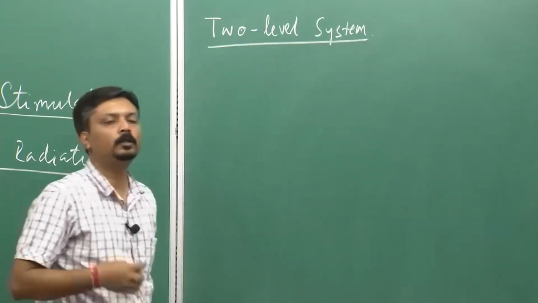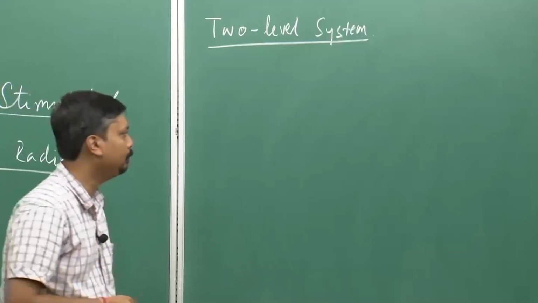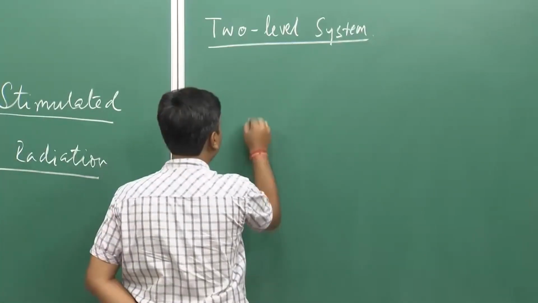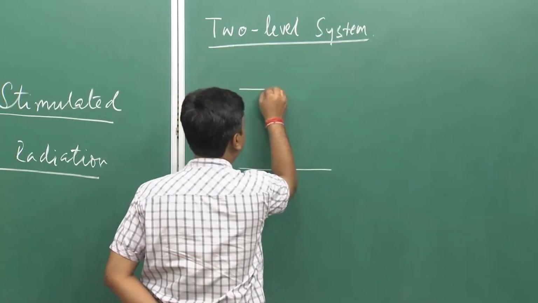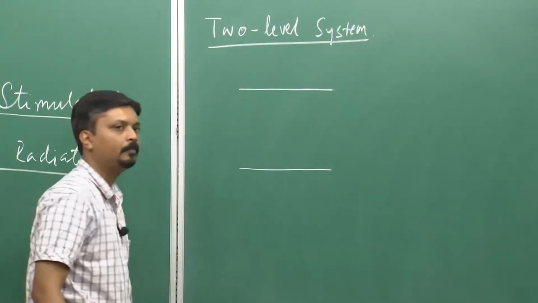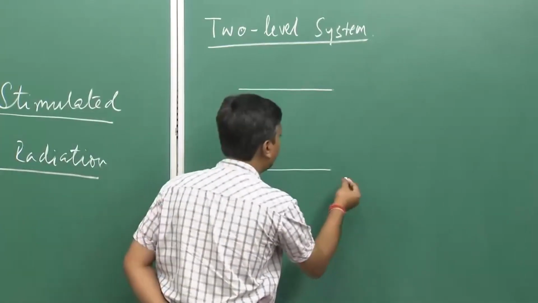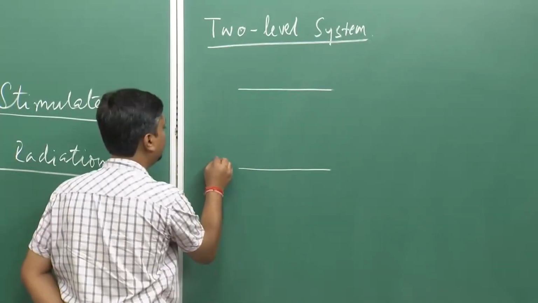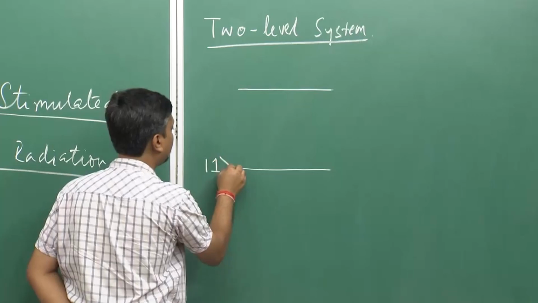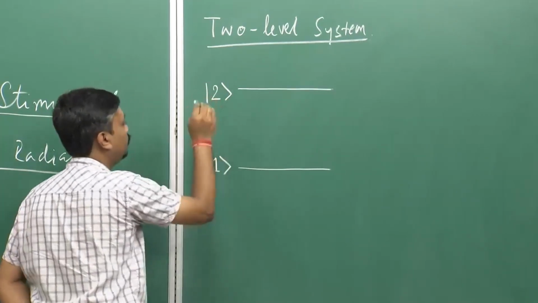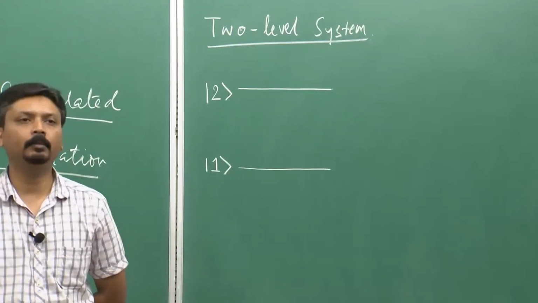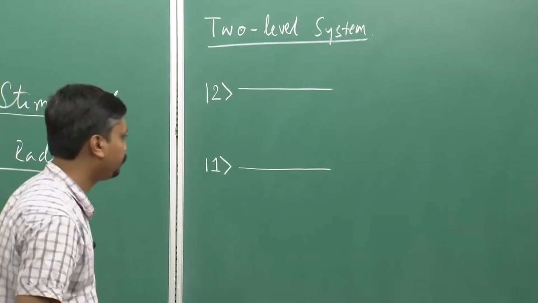So, what is a two-level system? A two-level system consists of a ground state and an excited state. Okay. So, we can write the ground state and excited state by giving them the names state 1 and state 2.